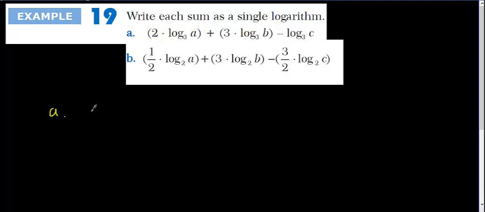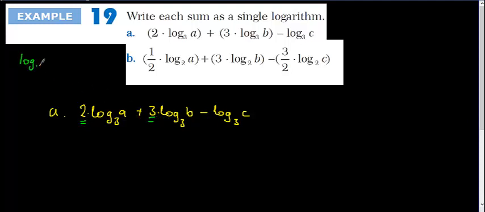For the first one: 2 times logarithm base 3 of a plus 3 times logarithm base 3 of b minus logarithm base 3 of c. Here all the bases are the same, but we have extra coefficients, this 2 and this 3. What are we going to do?